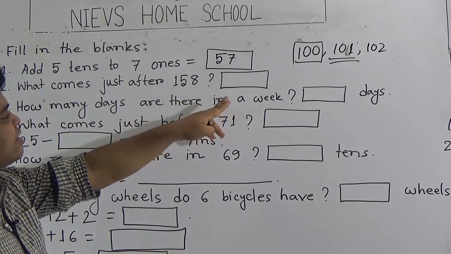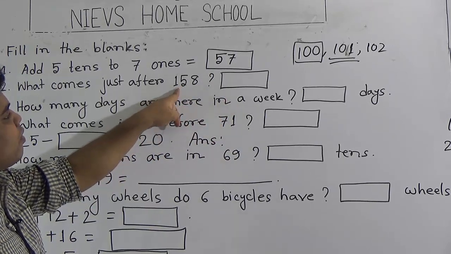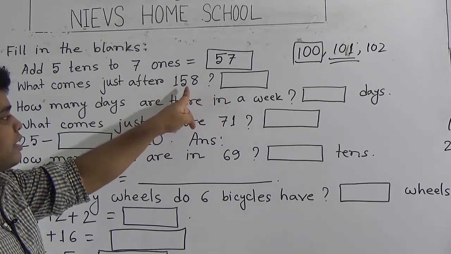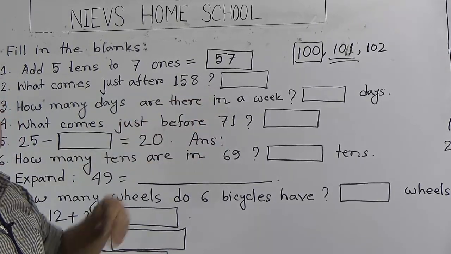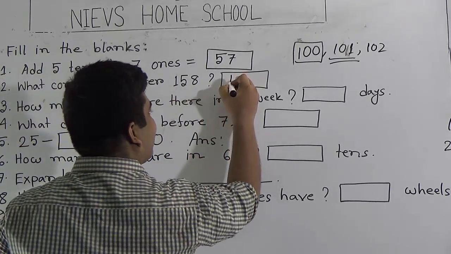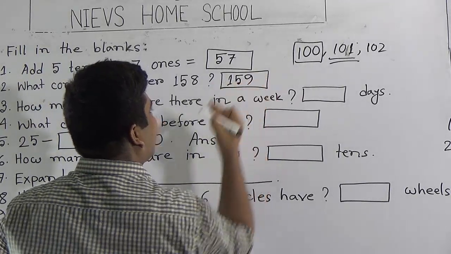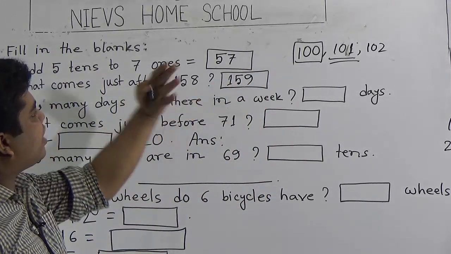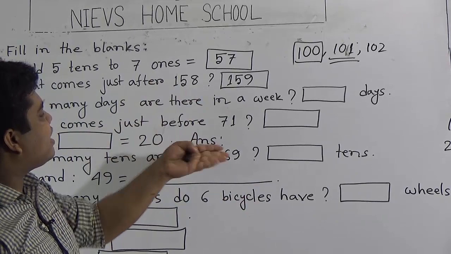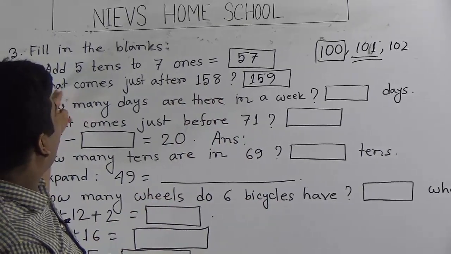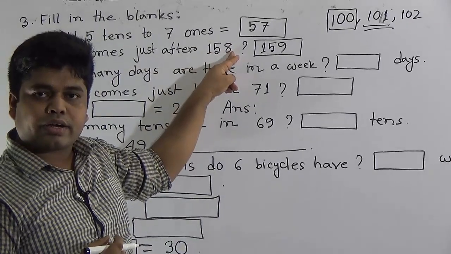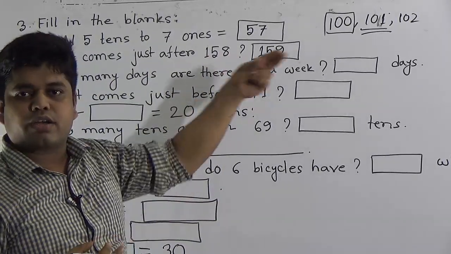What is the next number of 158? The next number is 159. I hope you have understood, and you can answer any type of question just like this. If I ask you what comes just after 200, then the answer will be 201.